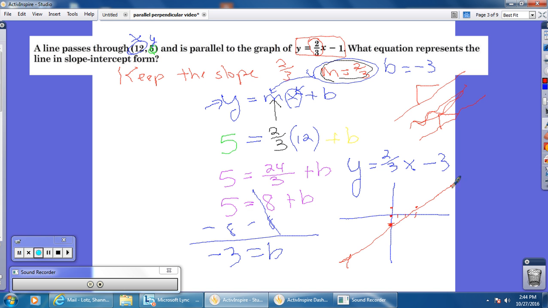So there is my original line. Now I'm going to graph this line. My y-intercept is at -3. On my slope, up 2 and over 3. And sorry for my crooked lines. There's my two parallel lines. They'll never touch.